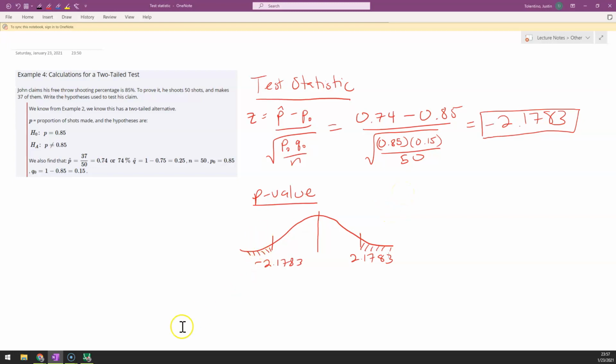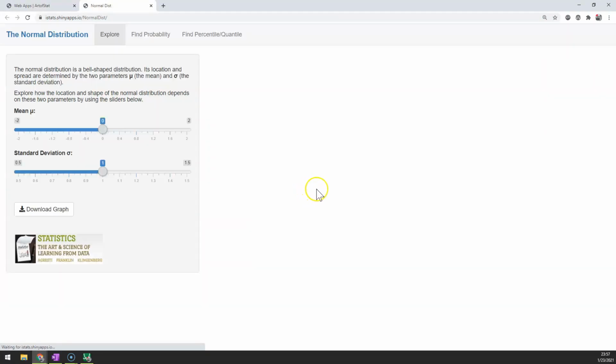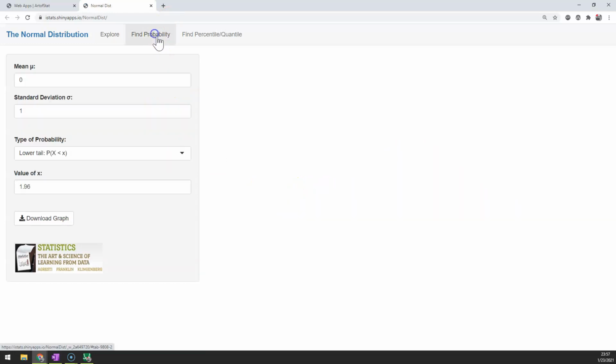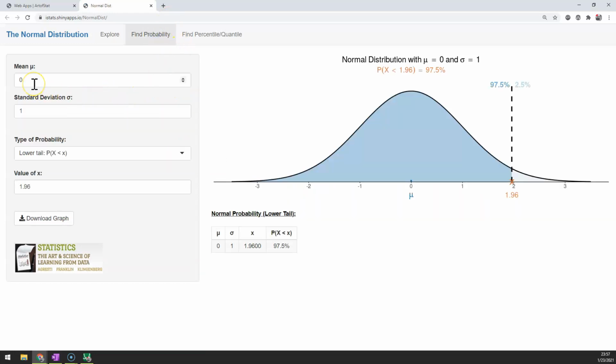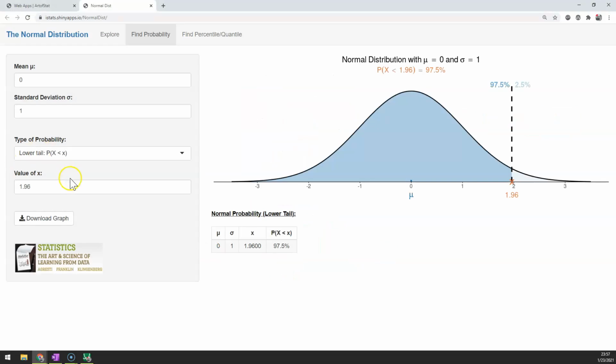So let's take a look at our calculator. Using Art of Stat, again, we are using the normal distribution. We're going to find our probability, leaving it at a mean of 0 and 1 for the standard deviation, since these are z-scores. Now we can take that lower tail, the one we got, which is the negative 2.1783, and put that in.